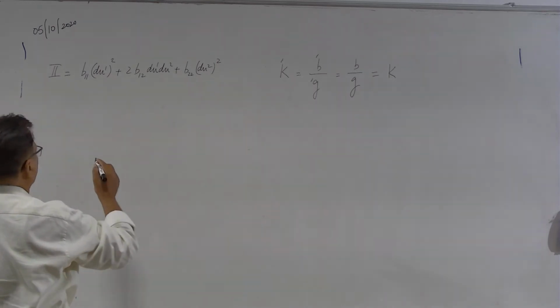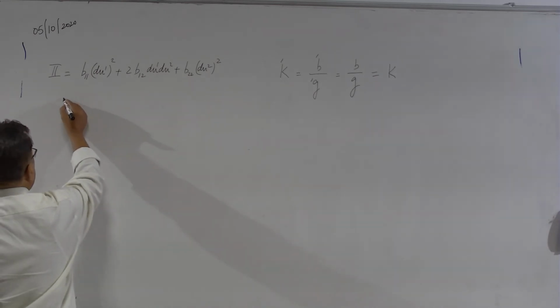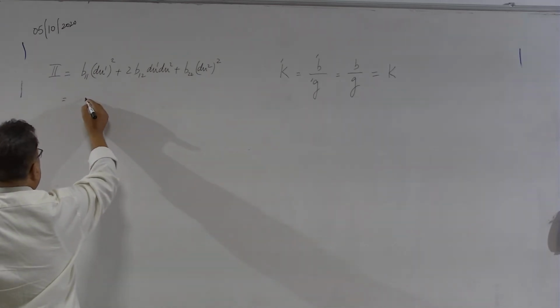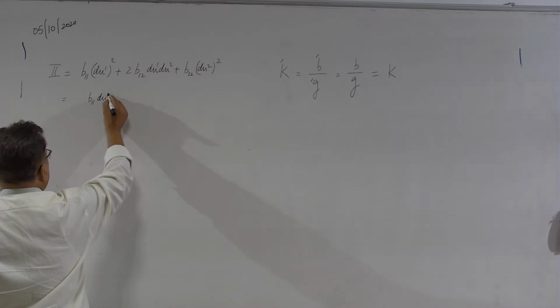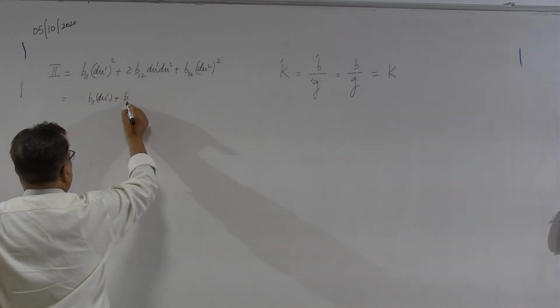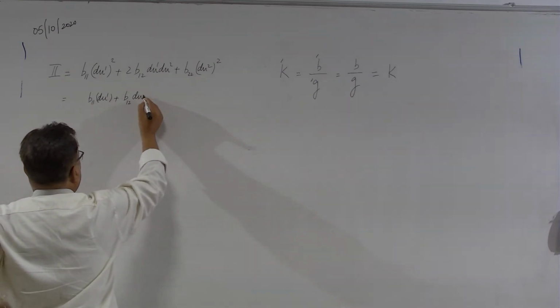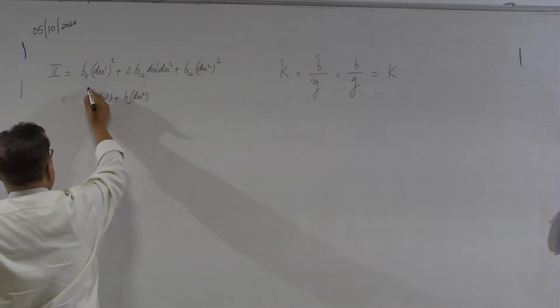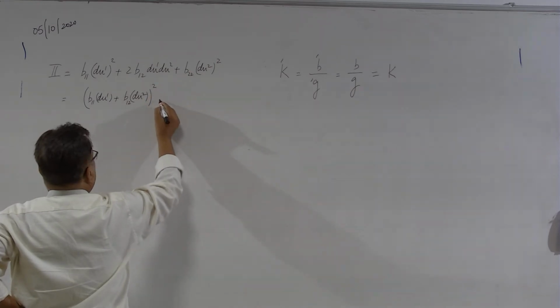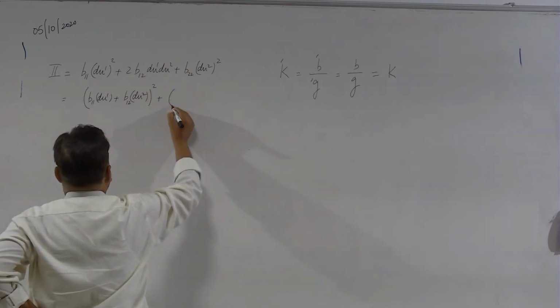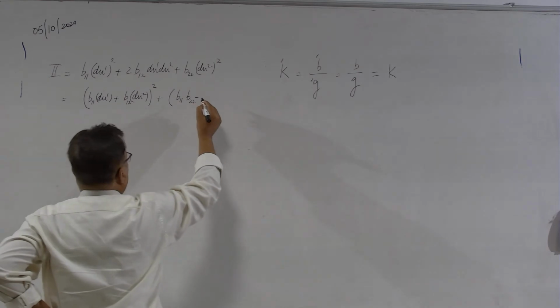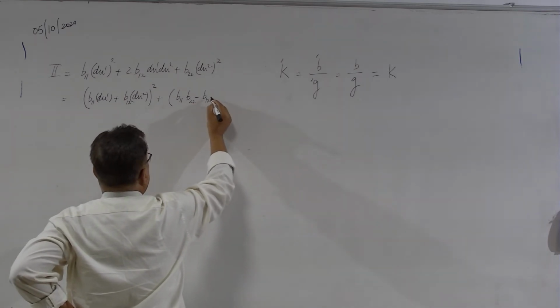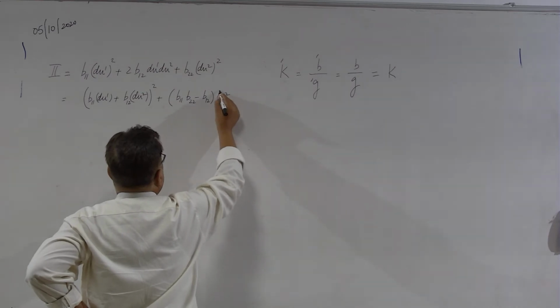So, let me rewrite this expression as B11 into du1 plus B12 into du2, whole square, and plus B11 B22 minus B12 square, upon B11, into du2 square.